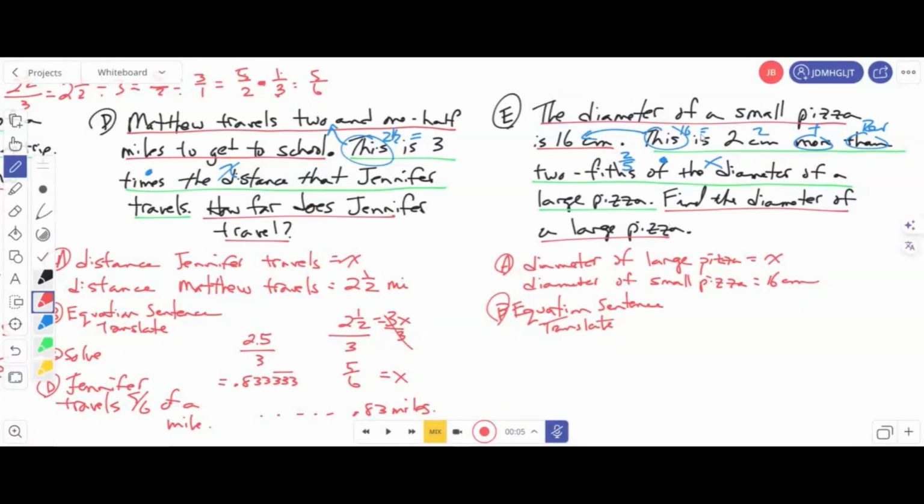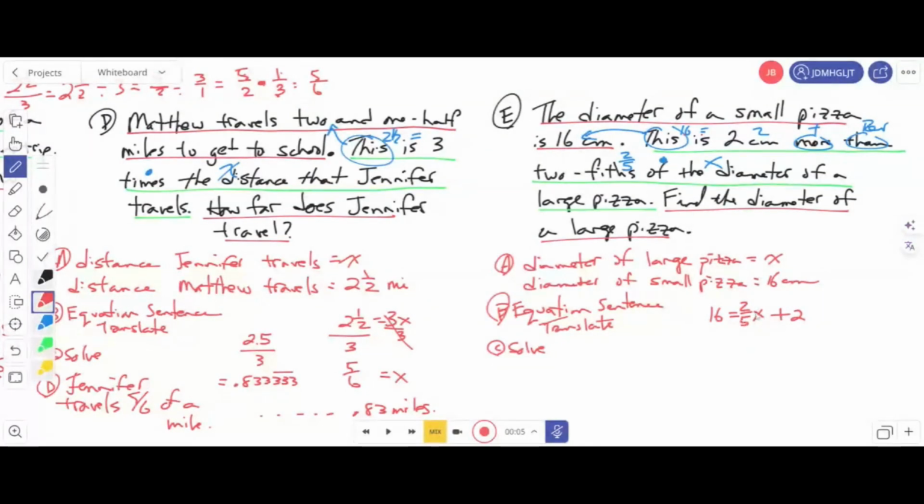So our equation is 16 equals, we're adding, we have a reverse word, so 2 comes after the plus sign. In front of the plus sign is 2/5 x. Okay, now we solve. No parentheses, no combining like terms, no variables on both sides.